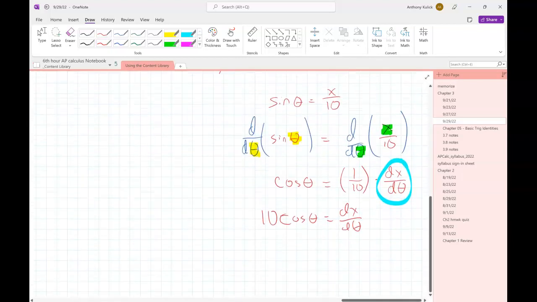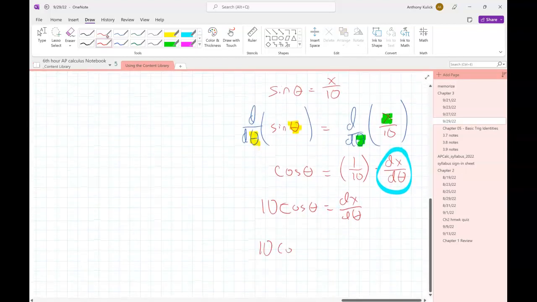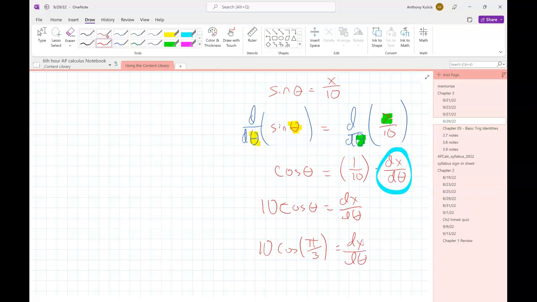And then I plug in my pi over 3, which is what the question called for. And cosine of pi over 3 is 1/2. And then this is the rate. The x is measured in feet, and the angle is measured in radians.